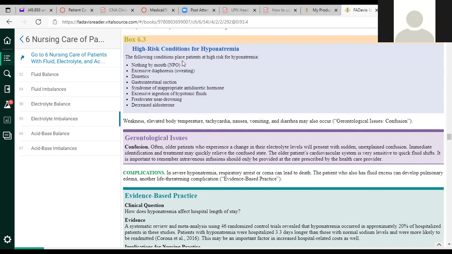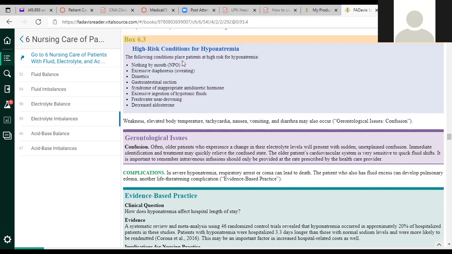Some patients who are NPO, the doctor knows you're about to have surgery, so we will make you NPO for some hours. And with surgery, with positioning patients a different way, patients can be at risk for aspiration.